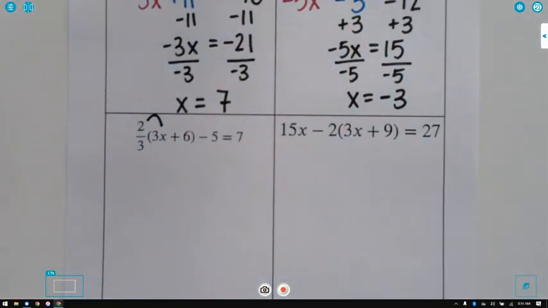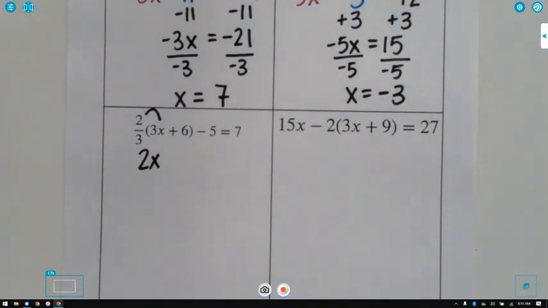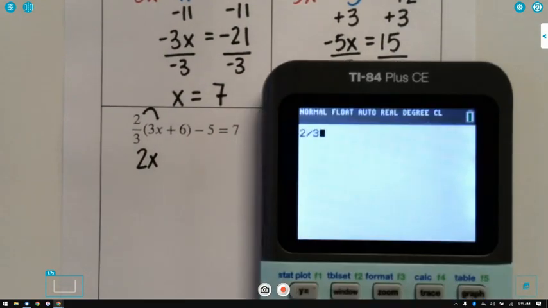We've got a couple ways to do that. We can do it in our brain. We can think, okay, well, if 1/3 of 3 is 1, then 2/3 of 3 is going to be 2. Or we can do it in our calculator: 2 divided by 3 times 3. And you get 2.